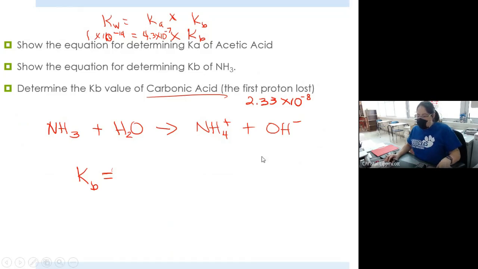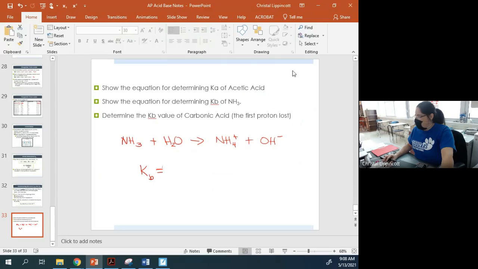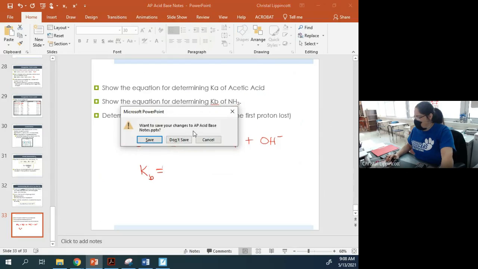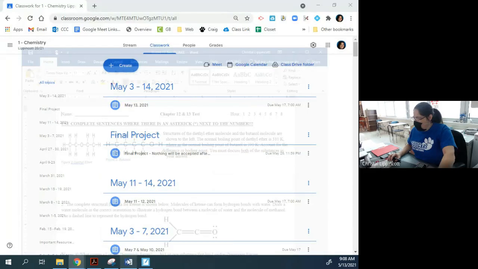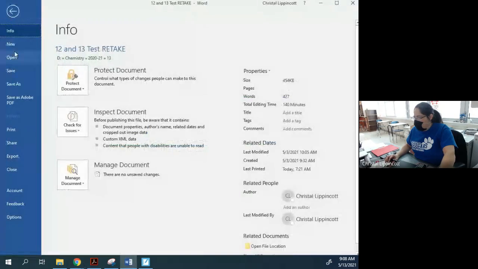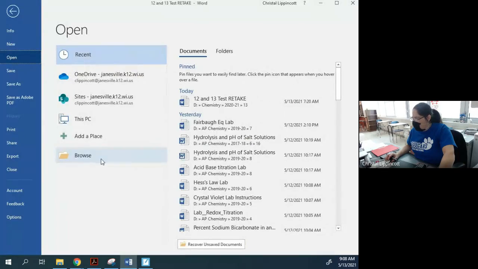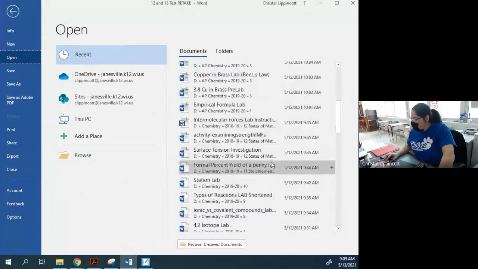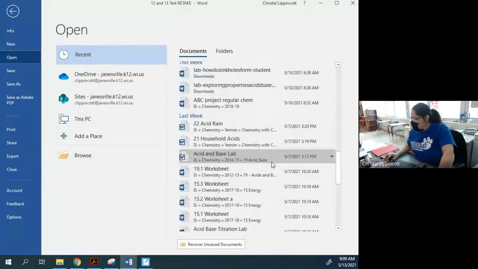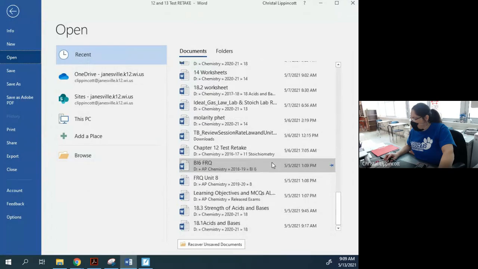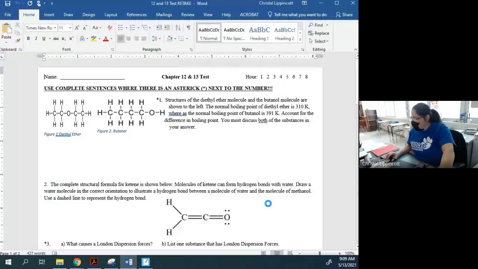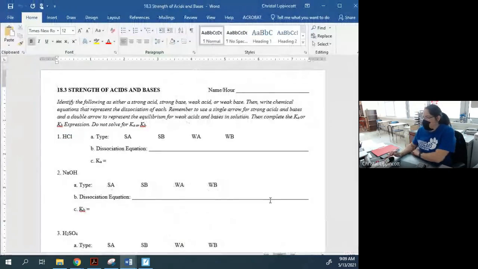All right. So your homework tonight, let's see your file, open 18.3, I believe it is, right? 18.3, here we go. So here is what you're going to be working on.